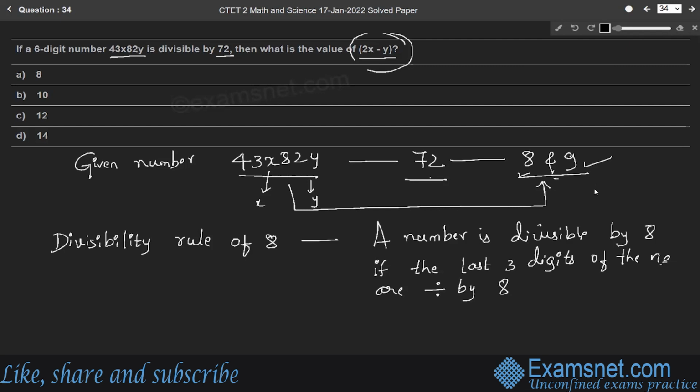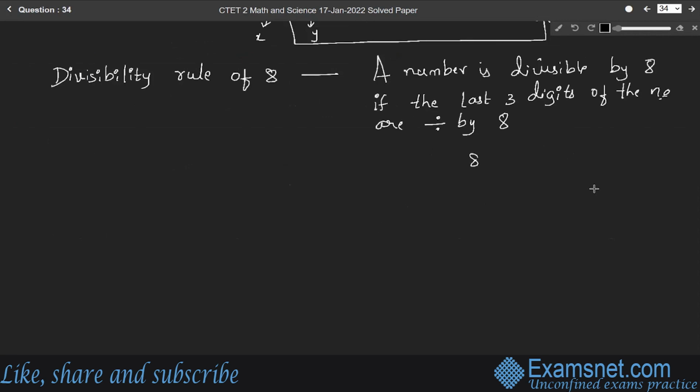So say for example, randomly if I take 829734, a number is divisible by 8 only if the last three digits 734 are divisible by 8, this number is divisible by 8.